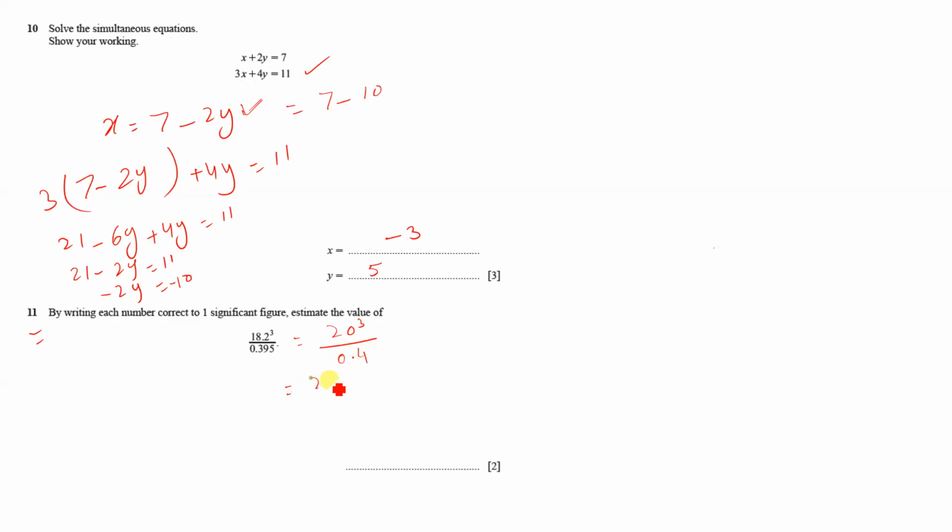This is equal to 20 times 20 times 20, and 0.4 can be written as 10 over 4. So times 10 divided by 4. So 4 5s are 20. So 5 times 20 times 20 is equal to 20,000. So answer is 20,000.